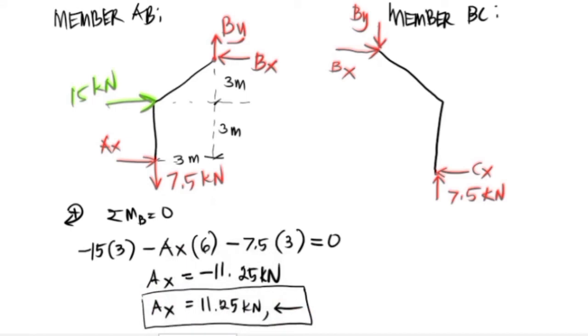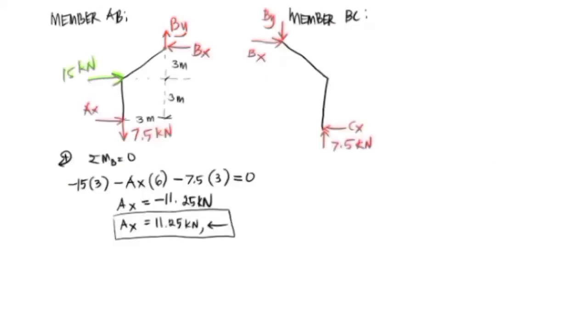Always remember na pwede tayo magkamali sa direction ng mga reactions natin, pero never tayong nagkakamali doon sa magnitude ng reaction. Solving for the value of the BY, we have to summate forces vertical is equal to 0, taking the upward direction as positive.